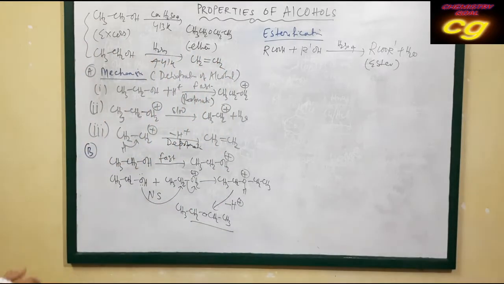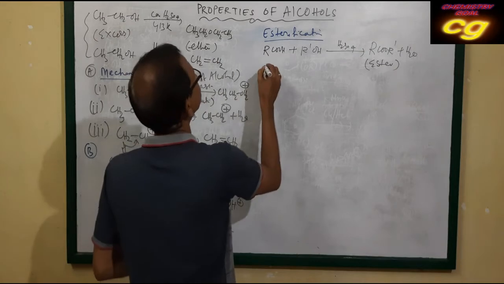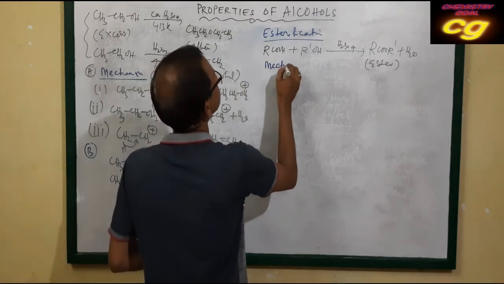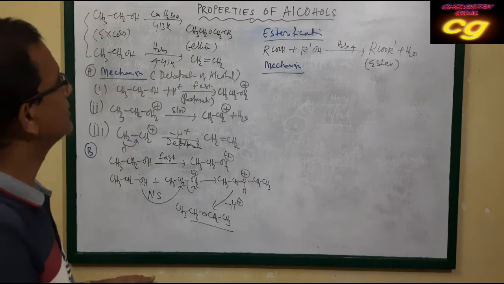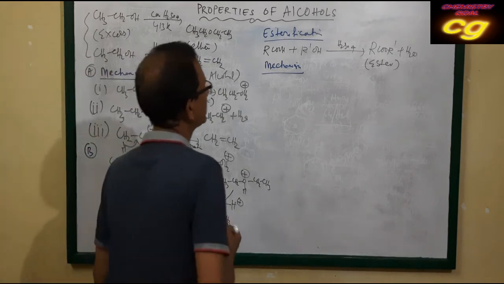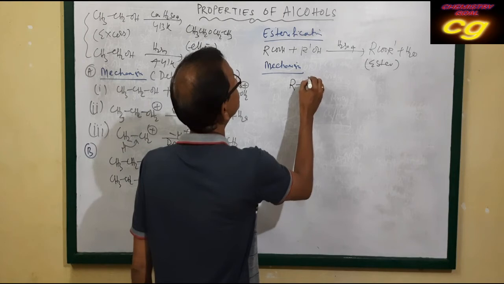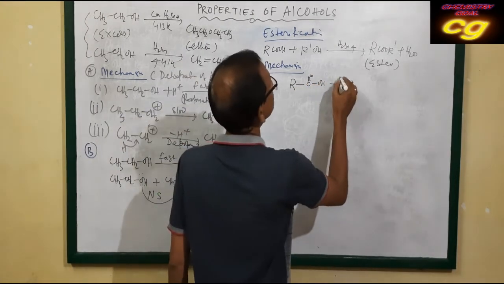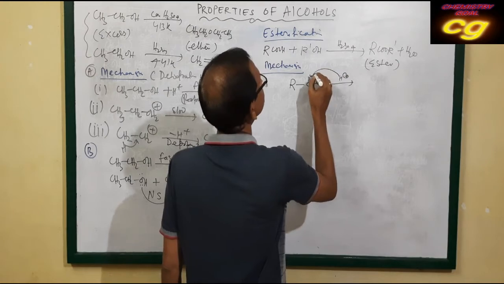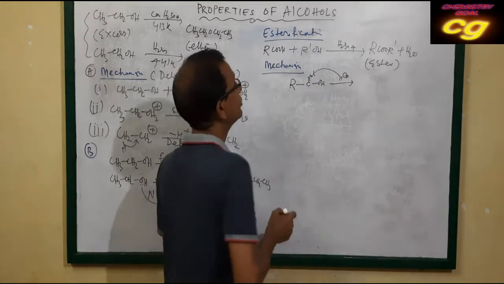If you see the mechanism, that is also very important. This reaction can be written like this. First you have to take the acid. Then it accepts an H+ ion at the keto group, because the electron density on oxygen is more.